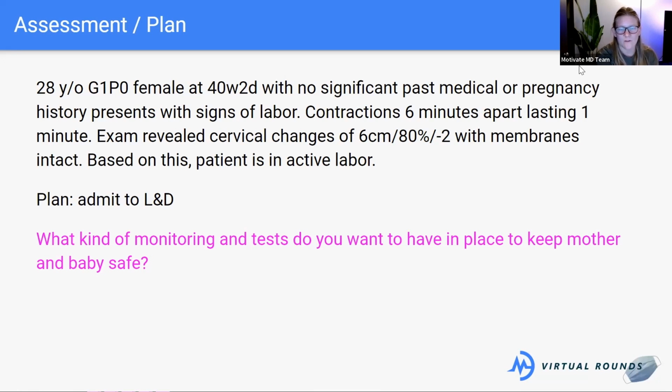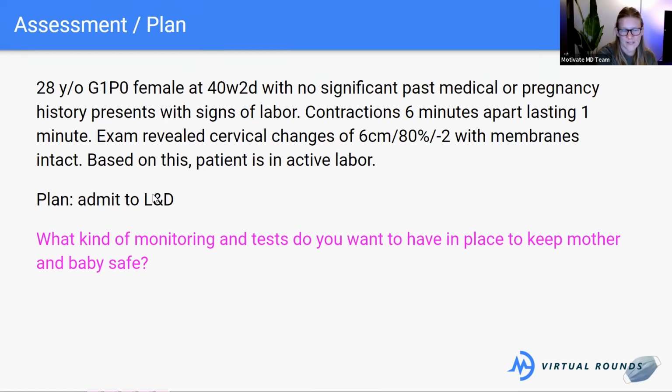Her exam revealed cervical changes of 6 centimeters dilated, 80% effaced, and a -2 station with membranes still intact, so her water hasn't broken yet. Based on this, we are going to say that the patient is in active labor. Our plan is to admit her to the labor and delivery department so that we can continue monitoring her progress and assist her with the delivery.